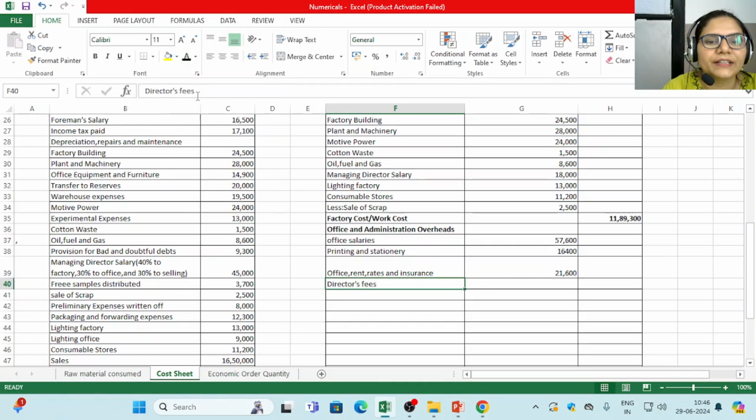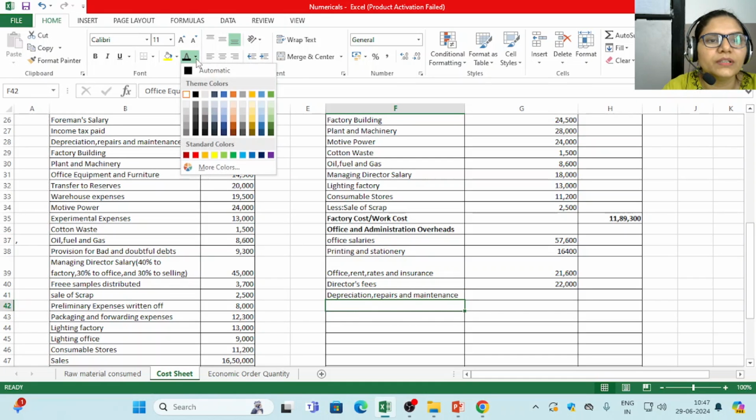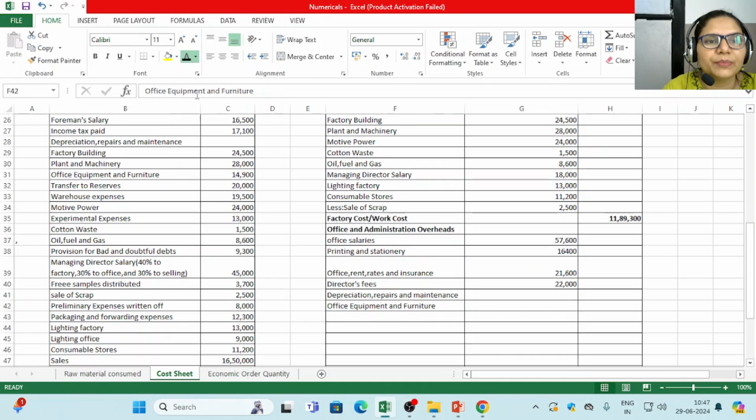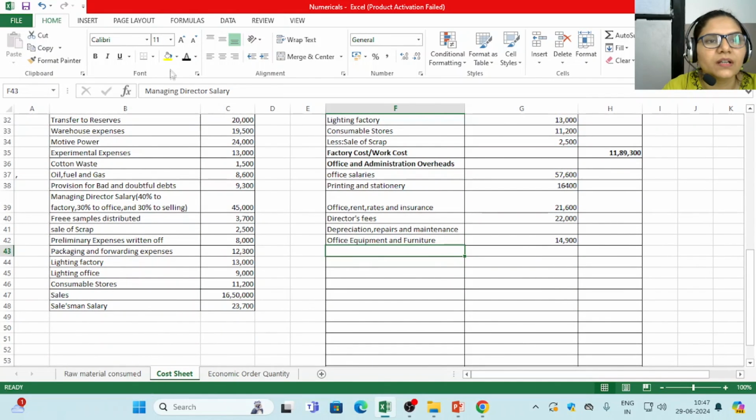Next is director fees, which is included in salary. It is 22,000. Next is depreciation, repairs and maintenance. Under this heading, we will include all the depreciation and repairs and maintenance which are done on the office building or office furniture. It is rupees 14,900.